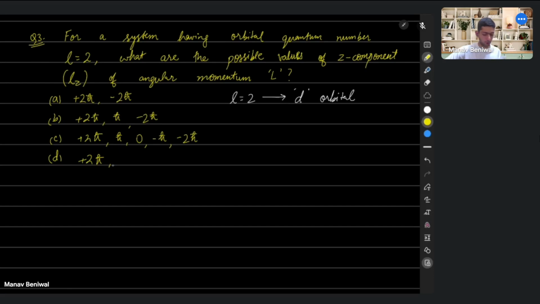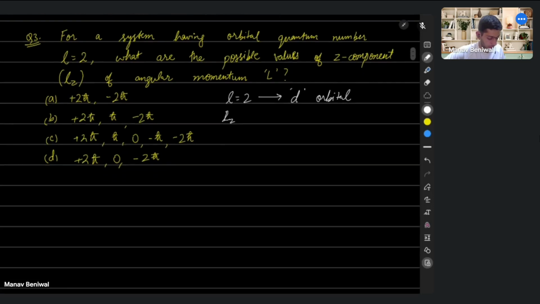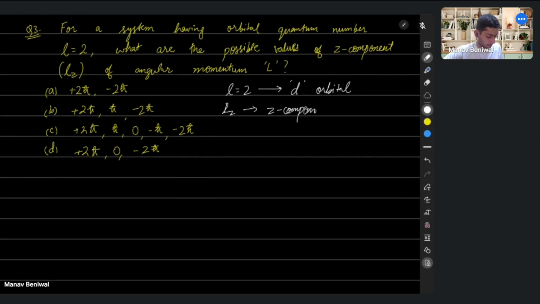Now what is Lz? Lz is nothing but the z component of our orbital angular momentum L, and this is given by the magnetic quantum number m.